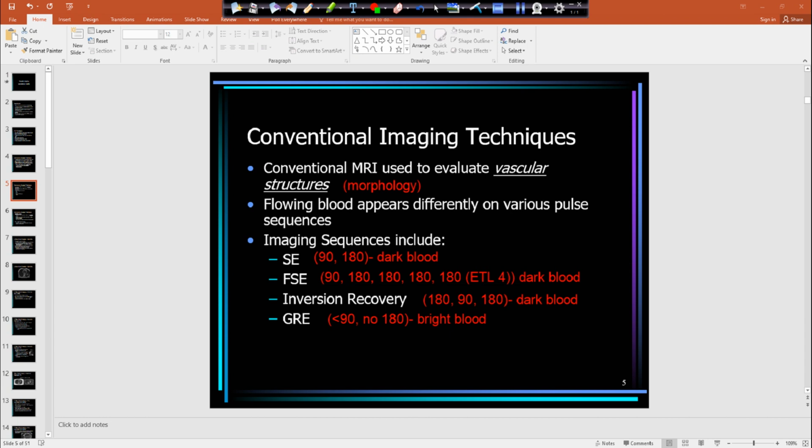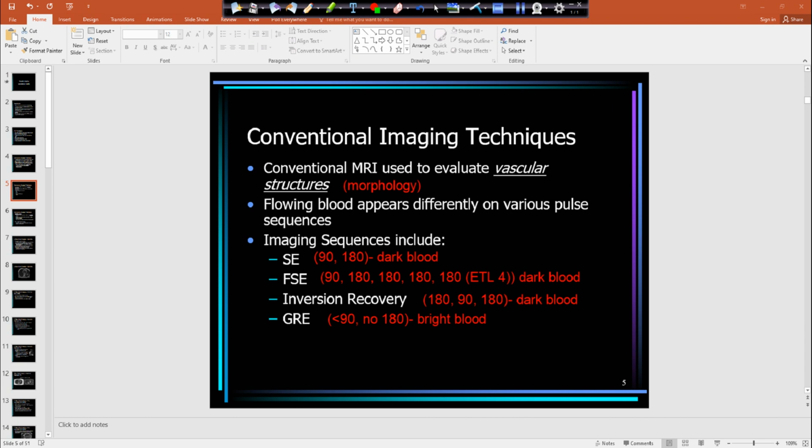Okay. So think 180, usually it's too slow of a pulse sequence to actually image blood. Because our blood flows really fast, so the only sequence that is usually able to capture blood is gradient echo, which is why it's called a flow-sensitive pulse sequence.